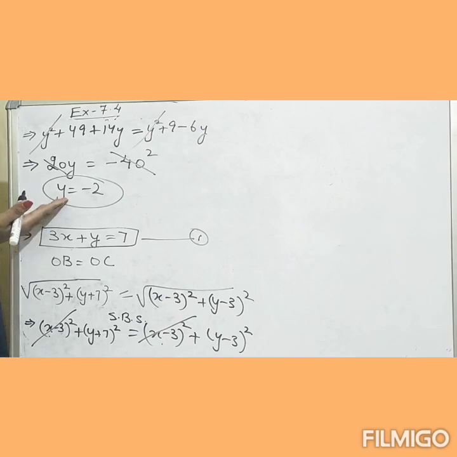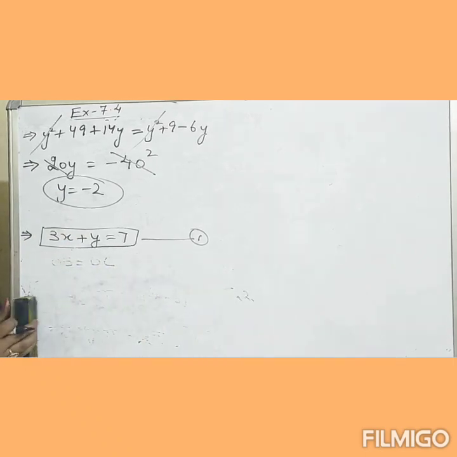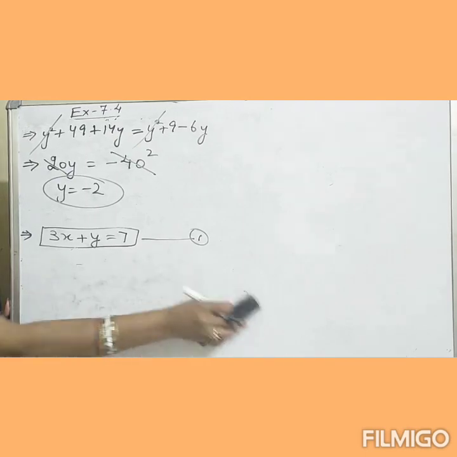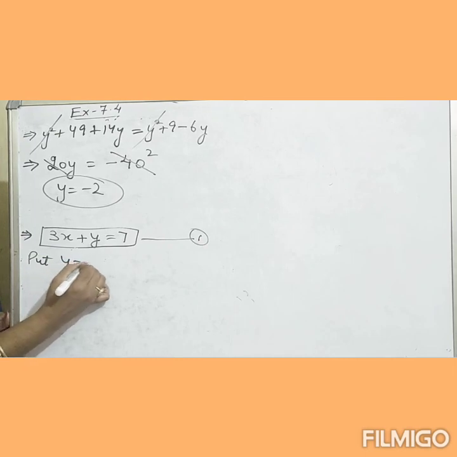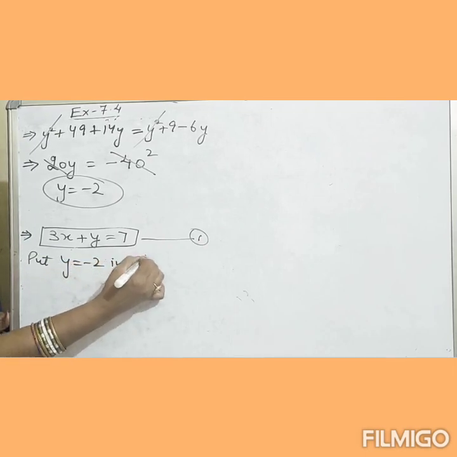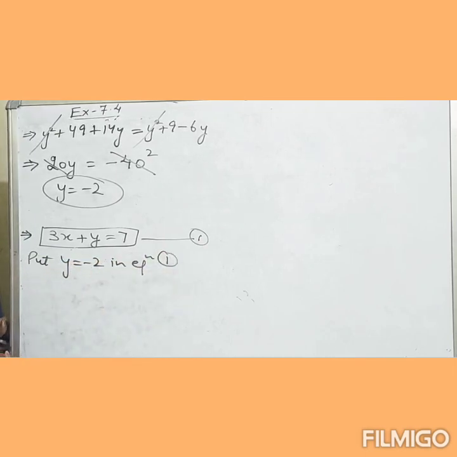Put this value of y here in the first equation, and then we'll get the value of x. Okay, so put y equal to minus 2 in equation 1. What we get? We get 3x minus 2 equal to 7, or 3x equal to 9, or x as 3.